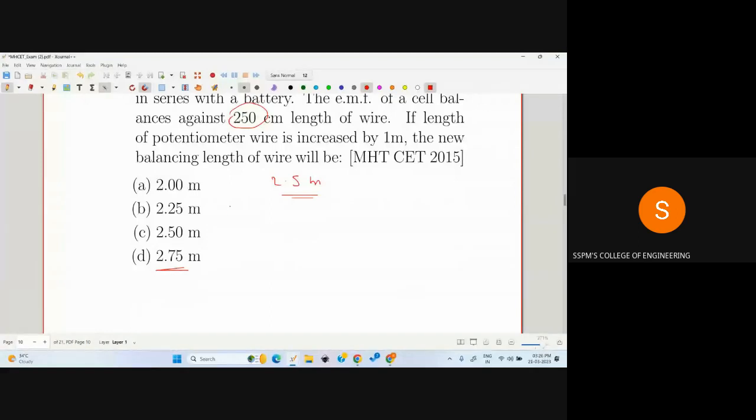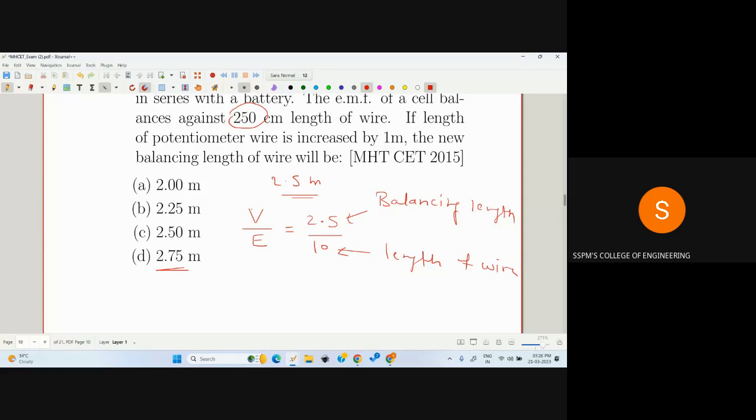आता फर्स्ट कंडिशन मध्ये बघा, फर्स्ट कंडिशन तुम्हाला माहिती आहे व्ही डिवायडेड बाय ई इज इक्वल टू 2.5 म्हणजे 250 सेंटीमीटर बॅलन्सिंग लेंथ डिवायडेड बाय 10 मीटर, where 2.5 is the balancing length and 10 meter is the length of wire.